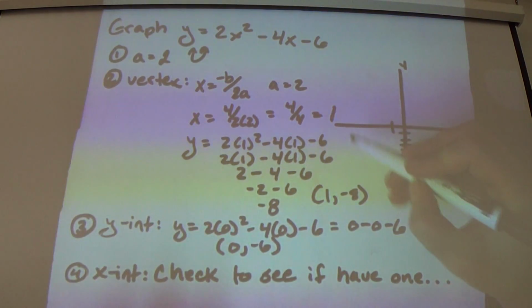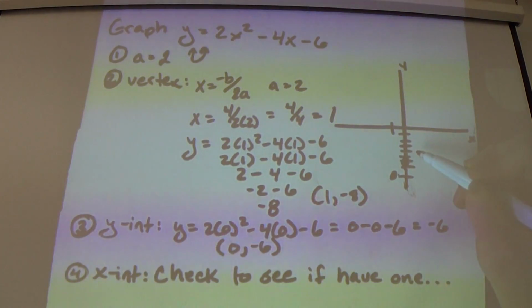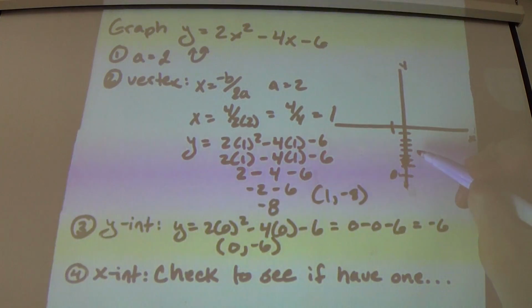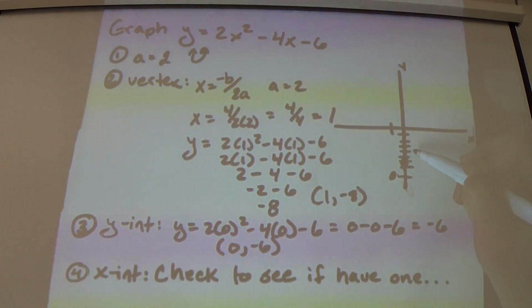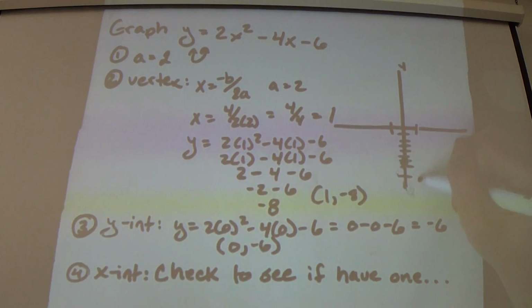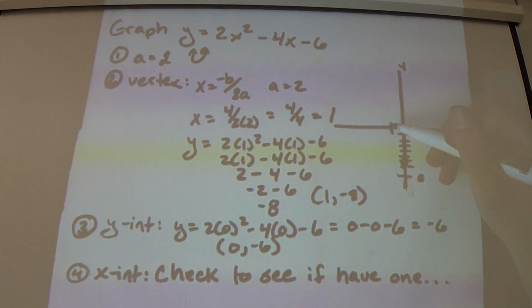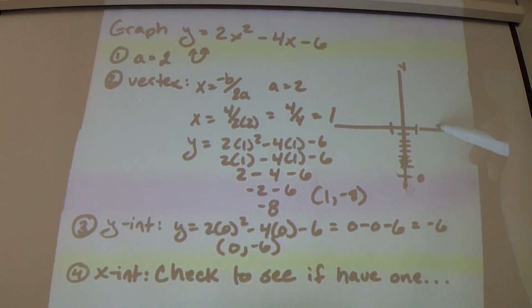If I have a smiley face, am I going to strike the x-axis? Yes. Put it as negative 1, negative... Oops, thank you. So if I'm looking, this is going to strike the x-axis, which means I can go ahead and do step 4.